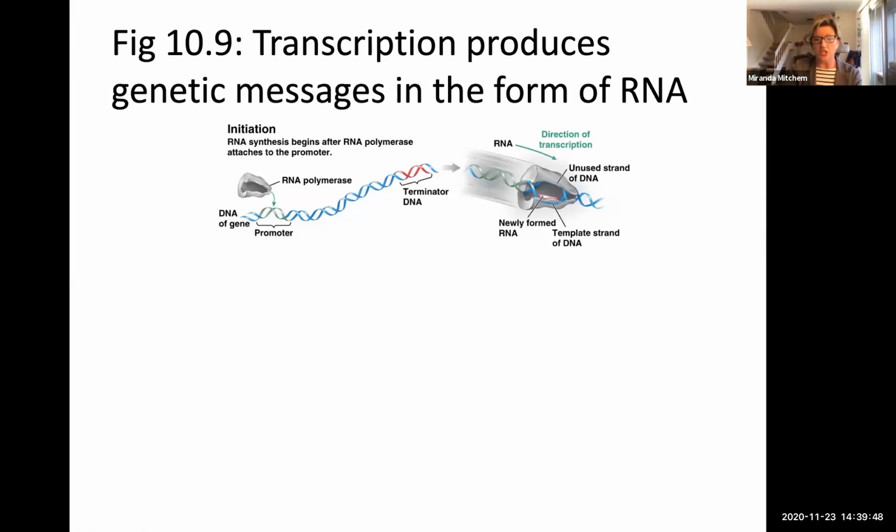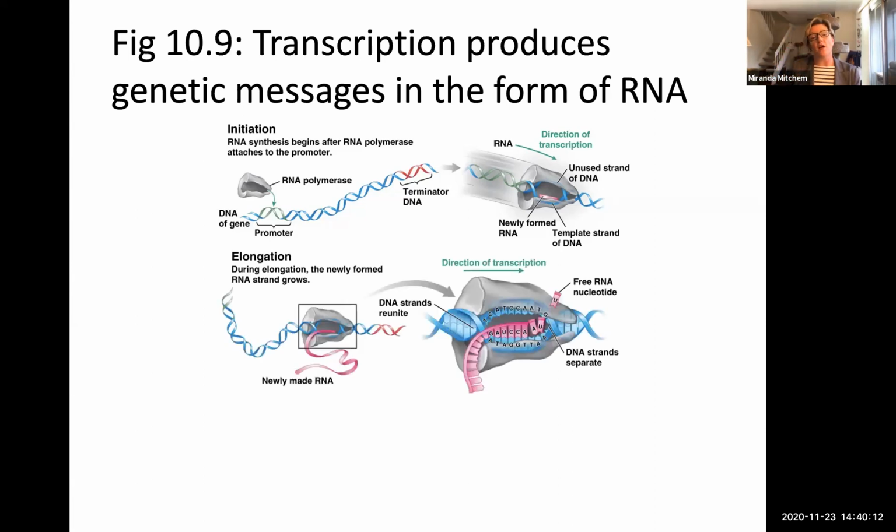So initiation is just the attachment of RNA polymerase to the promoter, which is a piece of DNA. A primer is a piece of RNA used in DNA replication. A promoter is a piece of DNA used in RNA synthesis. I know it's a lot of terms.